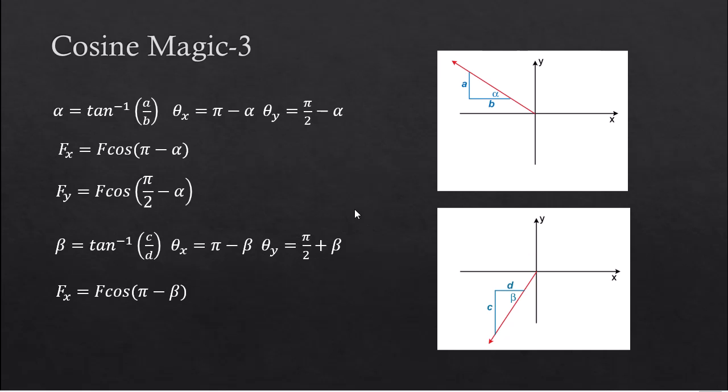So we can write the components as fx equals f cosine pi minus beta, where pi minus beta is theta x, and fy equals f cosine pi by 2 plus beta, where pi by 2 plus beta is theta y.